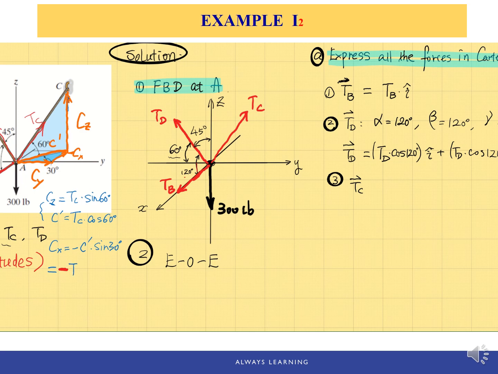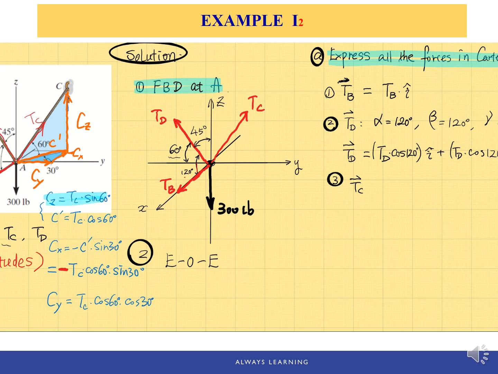Again, do not forget the negative sign or you will run into errors. Cosine 60 times sine 30, and the Cy will just be TC cosine 60 then cosine 30.